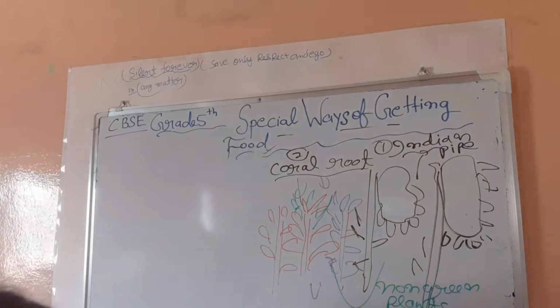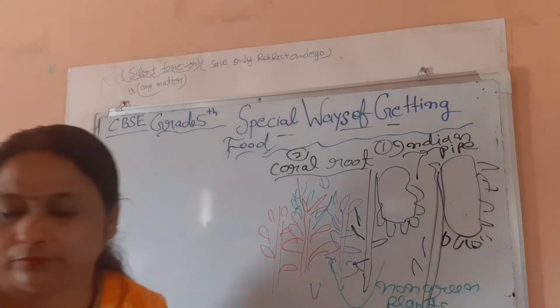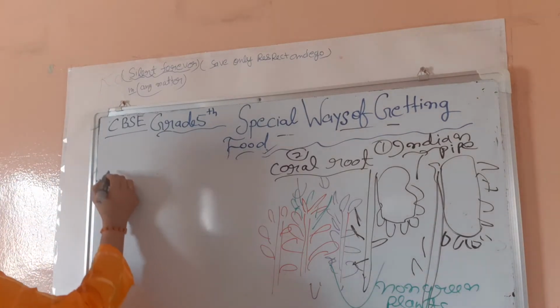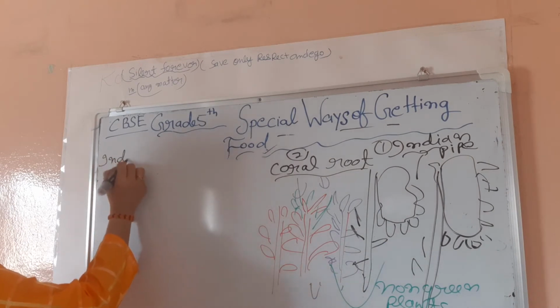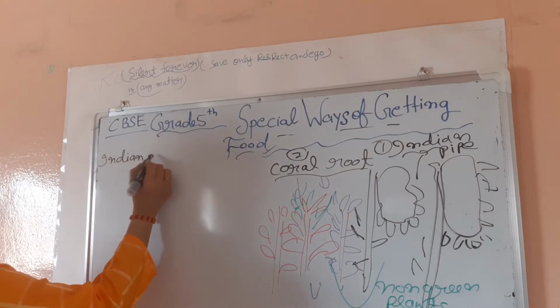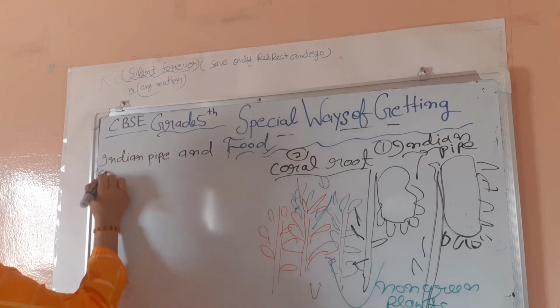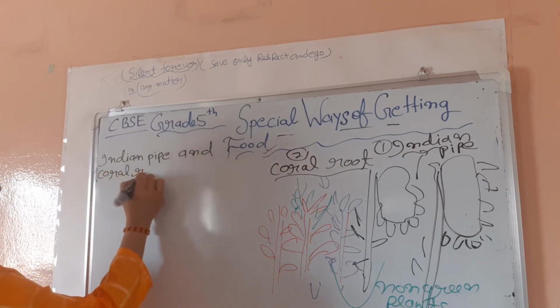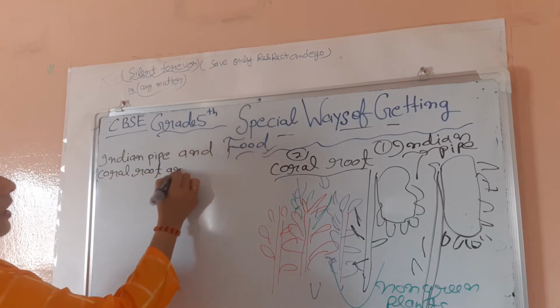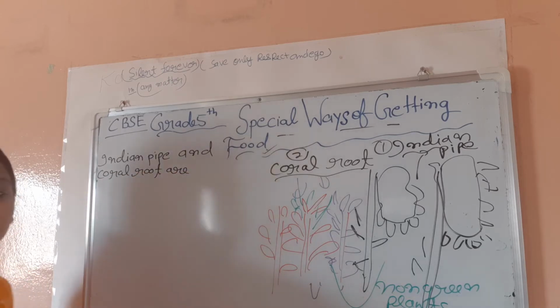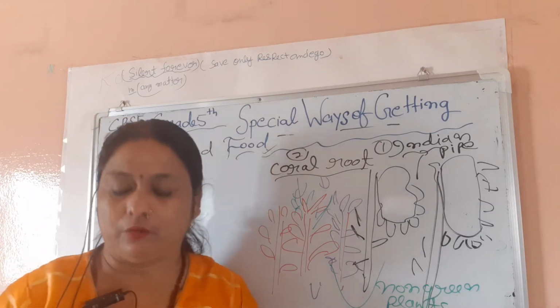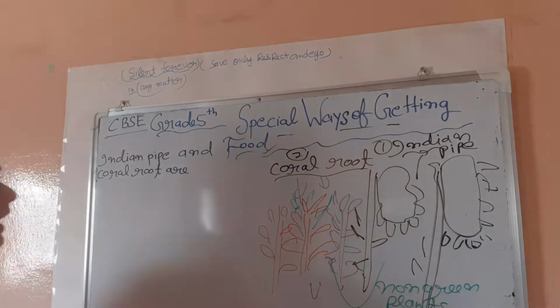So first point: Indian pipe and coral root are non-green plants.